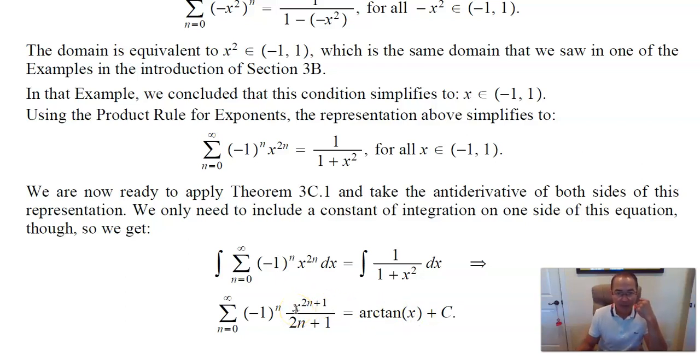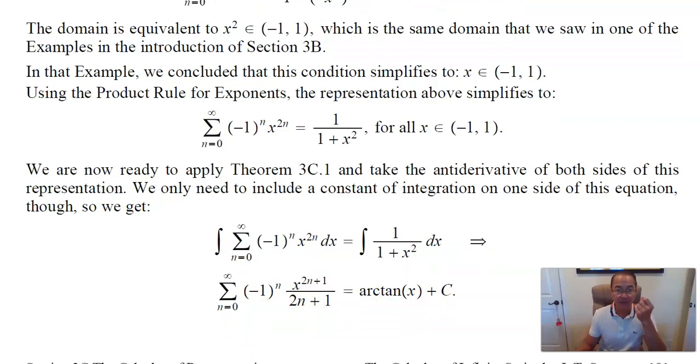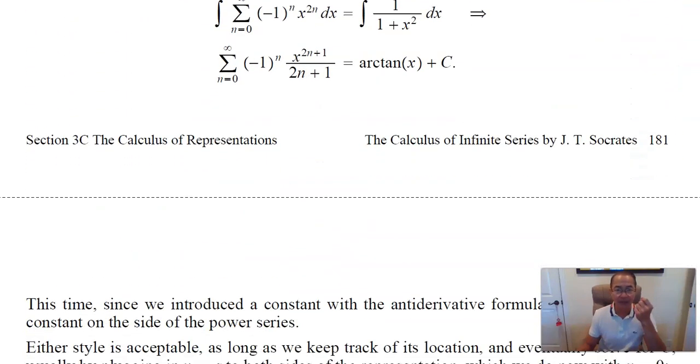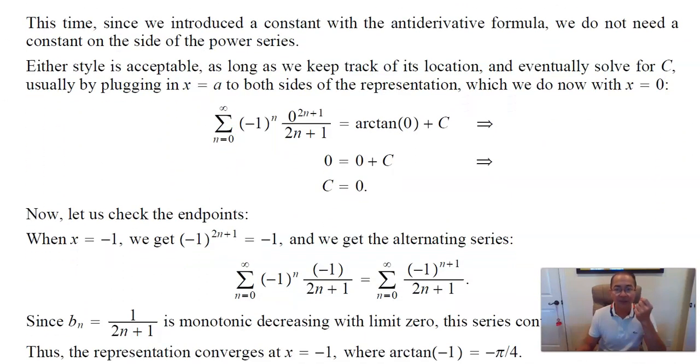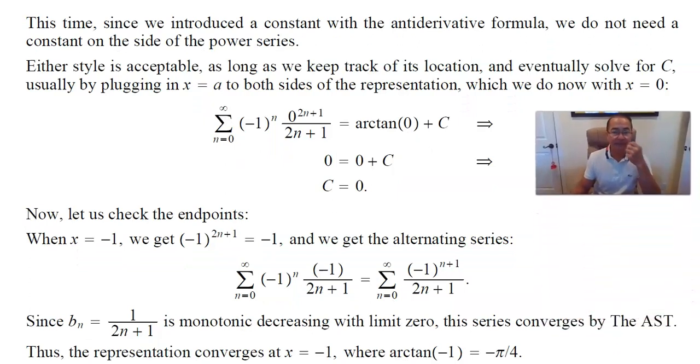Okay, 0 to the power 2n plus 1. n starts at 0, so 2 times 0 plus 1 is 1. 0 to the 1 over 1, that's just 0. Everything dies here when x is 0. Arctangent 0 is 0. So guess what? C is once again going to be 0. It's always nice when that happens. Okay, so let me keep going over here.